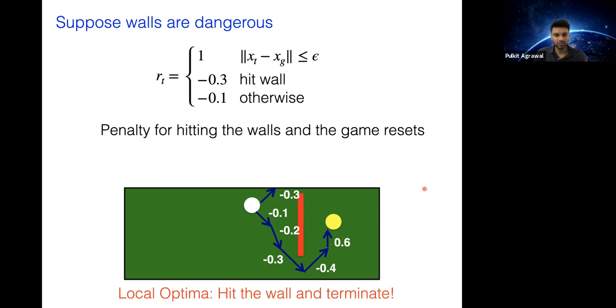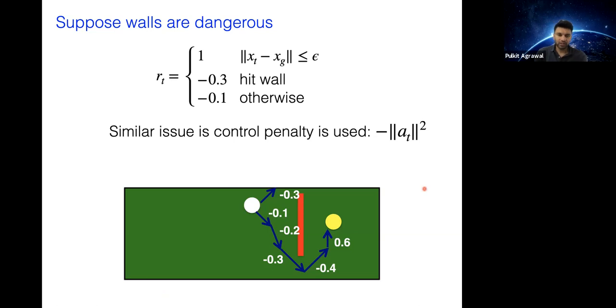Okay, so a similar issue can happen, just like we put a penalty of minus 0.3 to hit the walls. Many times people want their systems to be energy efficient, right? For example, you could penalize the magnitude of actions to enforce that the system uses as little energy as possible.